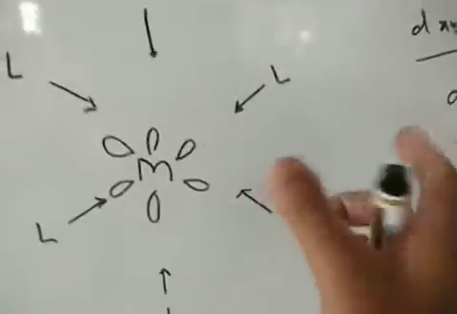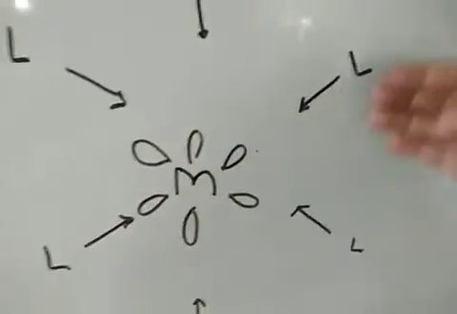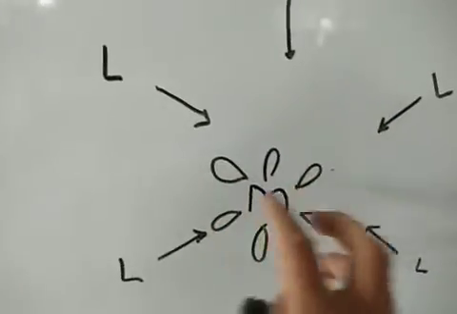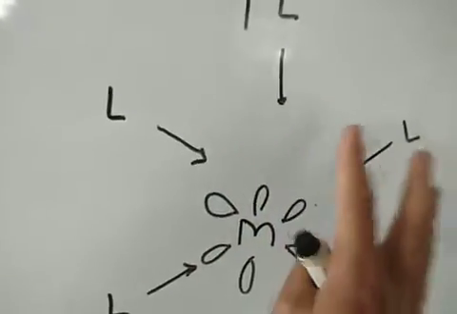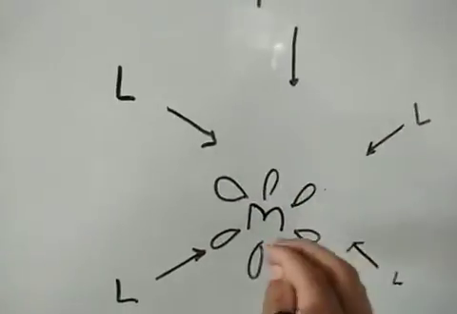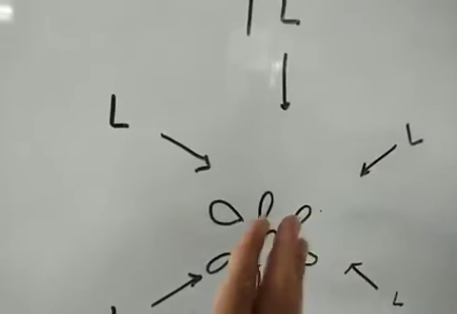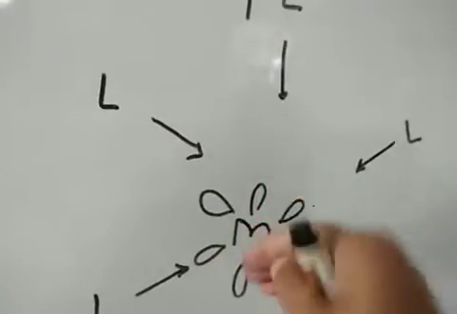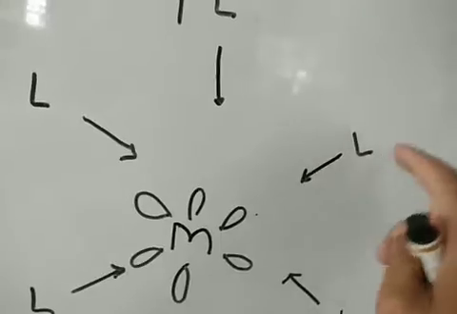That means the ligands are approaching along the axis, so the orbitals along the axis will feel strong interelectronic repulsion. There will be a repulsion between the electrons in these orbitals, located or oriented along the axis, with the charge on the ligands.